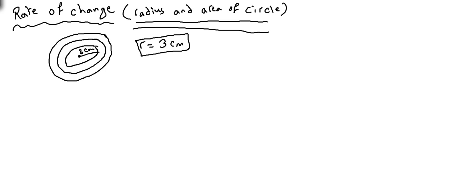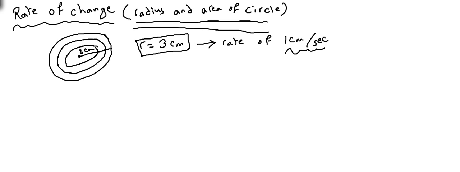So the radius will also be larger, and suppose this radius is growing at a rate of 1 centimeter per second. Suppose this is the rate of change of r.